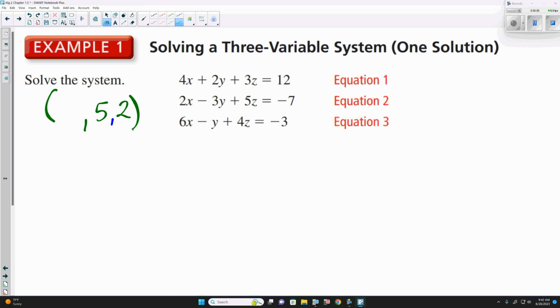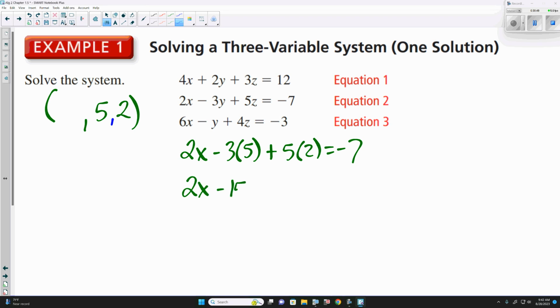And now we just need to plug it into one of them. So we'll pick the middle equation, 2x minus 3 times 5 plus 5 times 2 equal negative 7. So this is the last part of going backward and solving this.